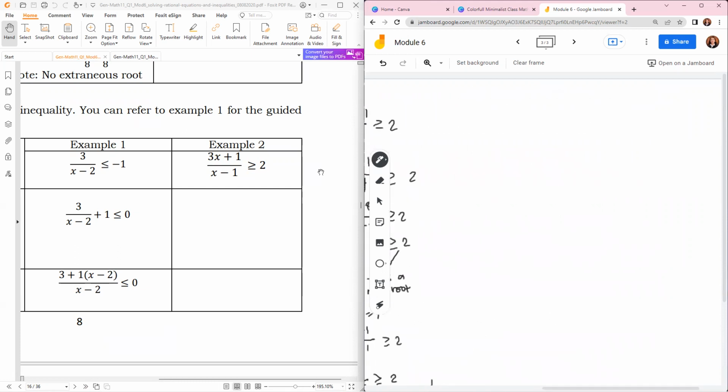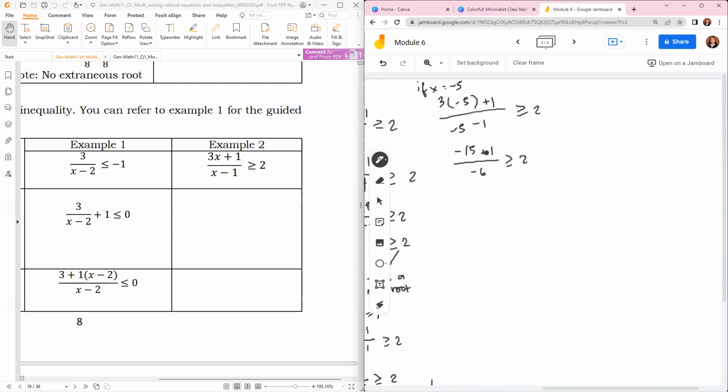Okay. So that would be 3 multiplied if x is equal to -5. So that would be 3 times -5 plus 1 over -5 minus -1 greater than or equal to 2. So 3 times -5 is equal to -15 plus 1. -5 minus 1 is equal to -6.